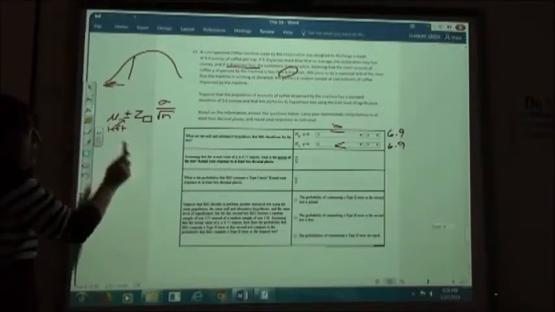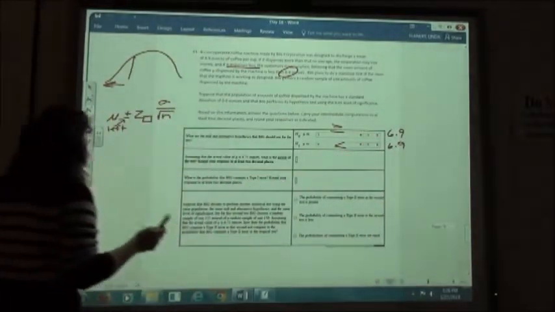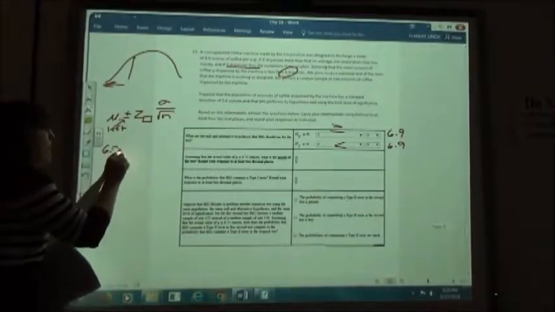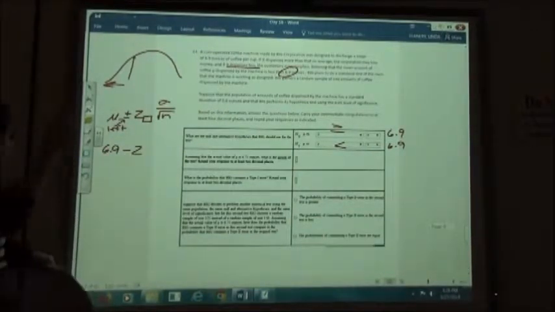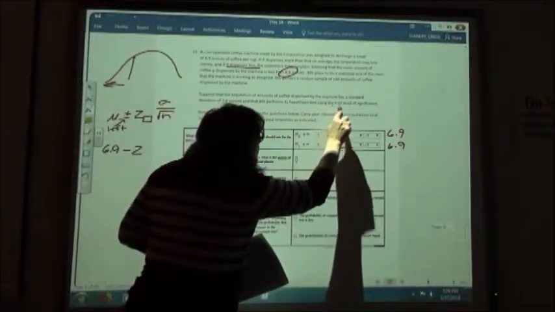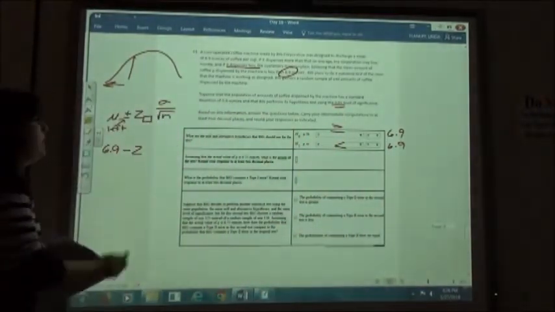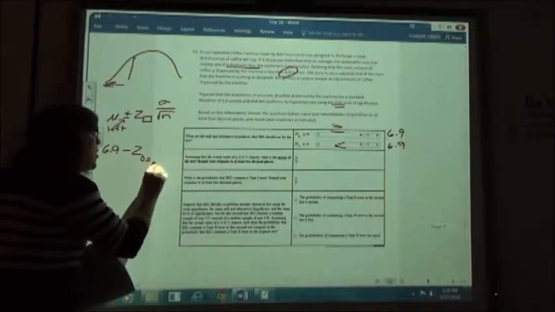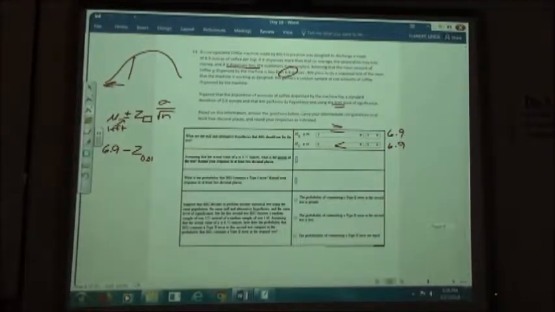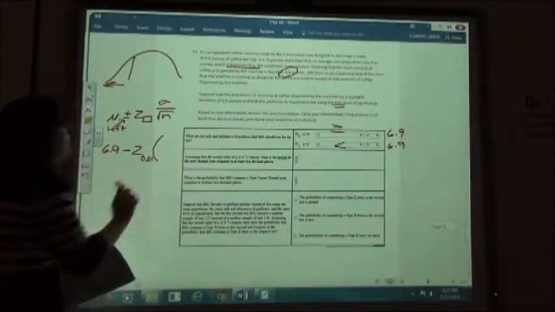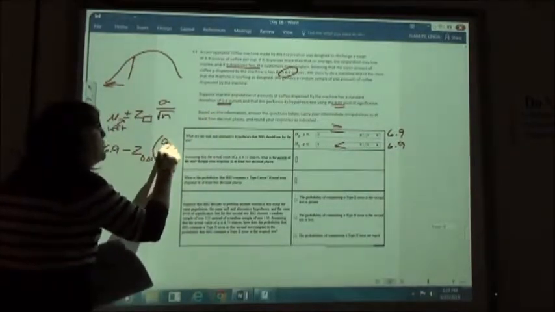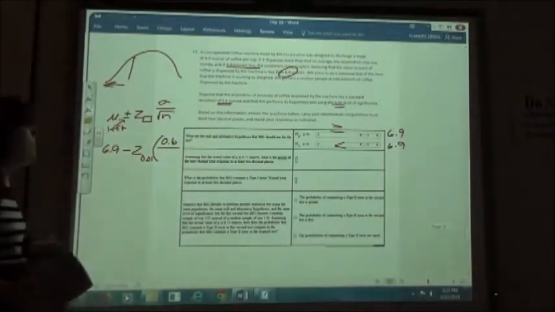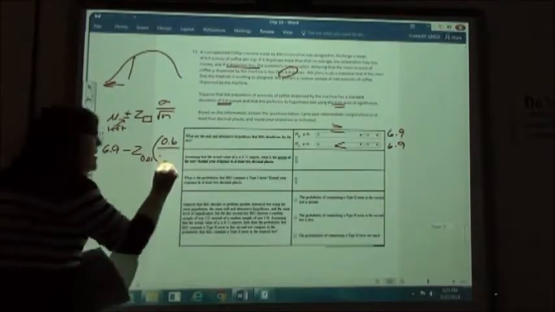So, my mean that I'm comparing it to is the 6.9 minus z sub the significance level is that number there, so 0.01. My standard deviation says it's 0.6 over the square root of n.